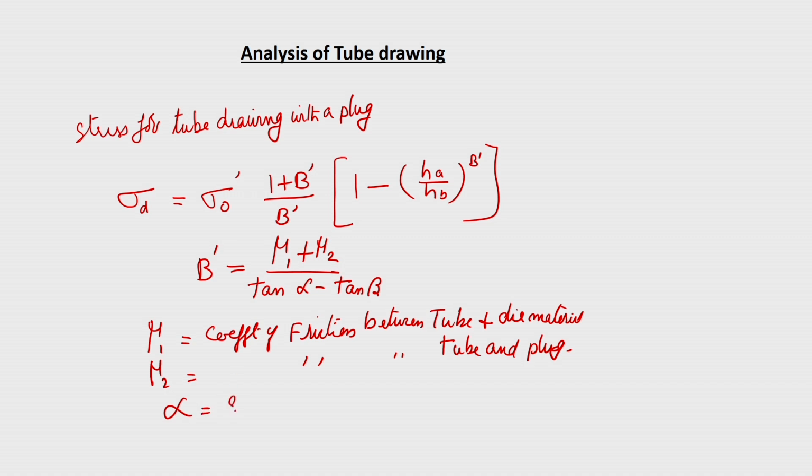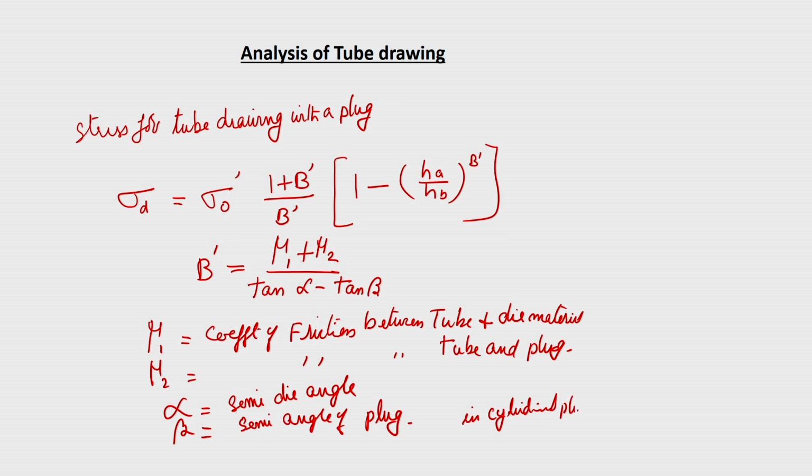Alpha is the semi die angle or cone angle, and beta is the semi angle of plug. If it is a cylindrical plug, beta is equal to 0. So, now if you just look at this, you have a plug, maybe let us say a plug is like this.